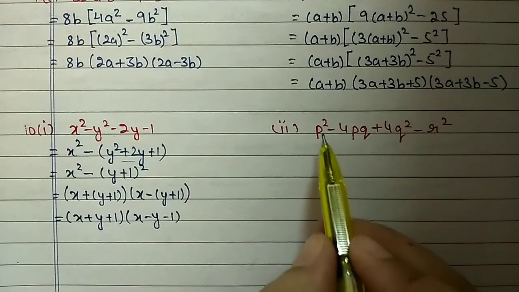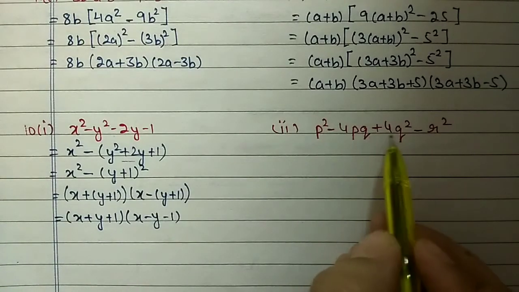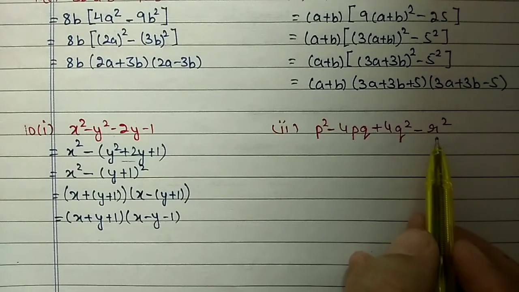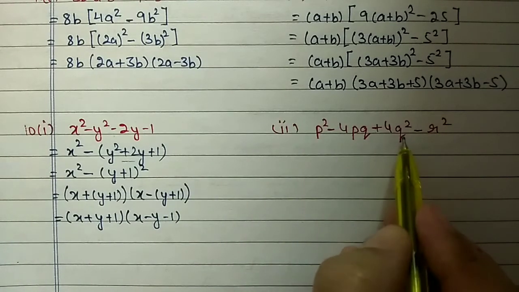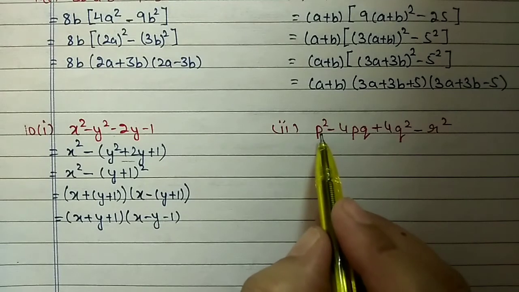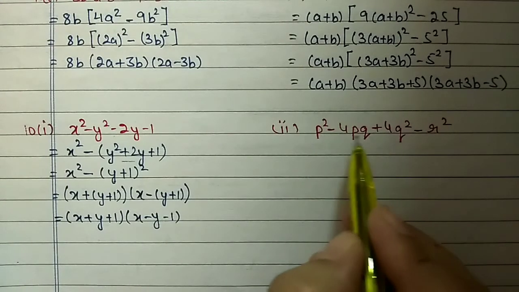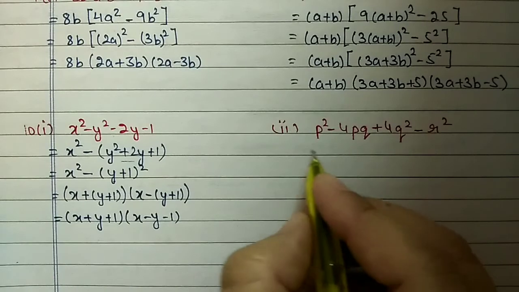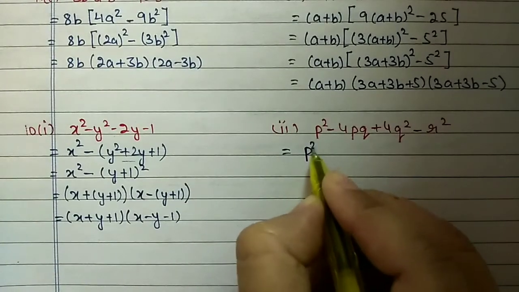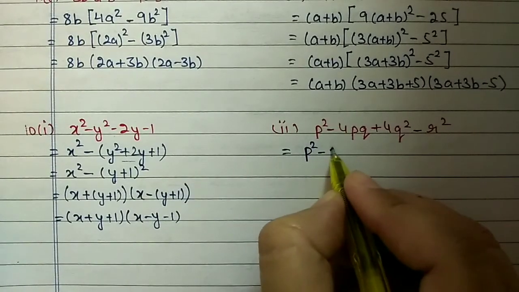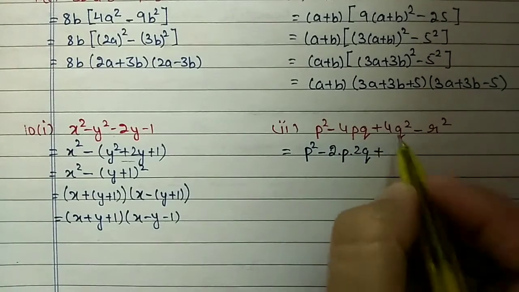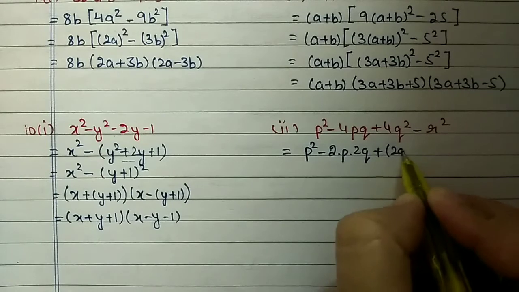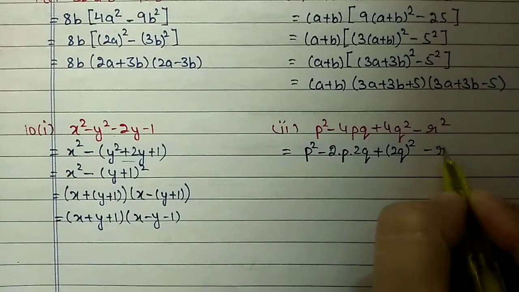Second part also, p square minus 4pq plus 4q square minus r square. So this is also the same pattern. First these three we will take together, a square plus b square minus 2ab. So here this p square, and you can write it as 2 into p into 2q, and this last one you can write as 2q whole square minus r square.